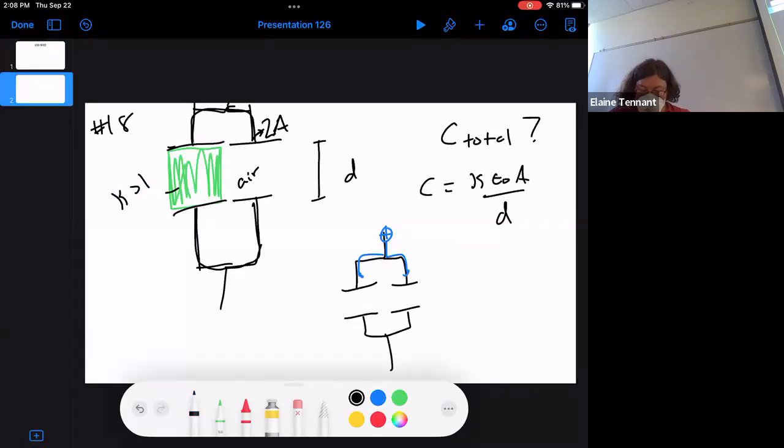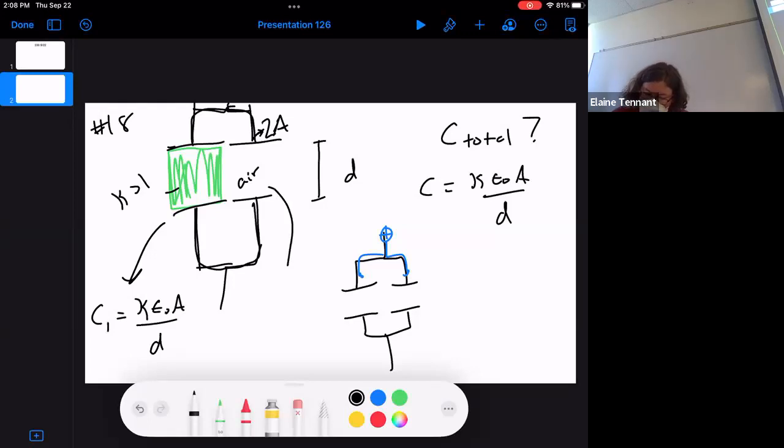And so let's do that. So like this guy, I'm going to call it C1, will have a kappa, an epsilon naught. What about its area? Like we said, the area of the entire plate was 2A. So what would you say the area of half of that was? A. Awesome. And it's still distance D apart.